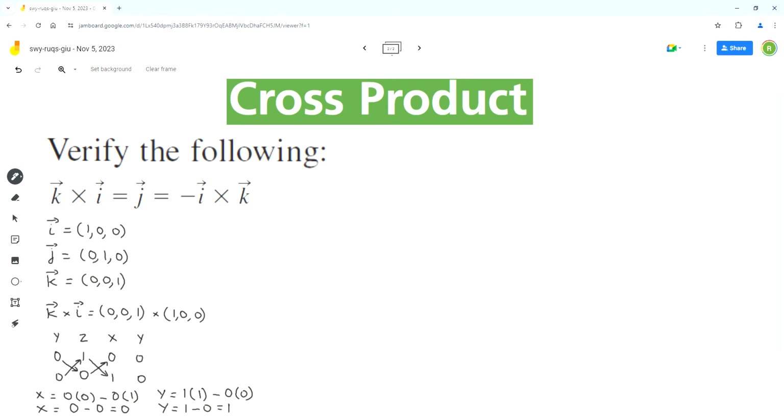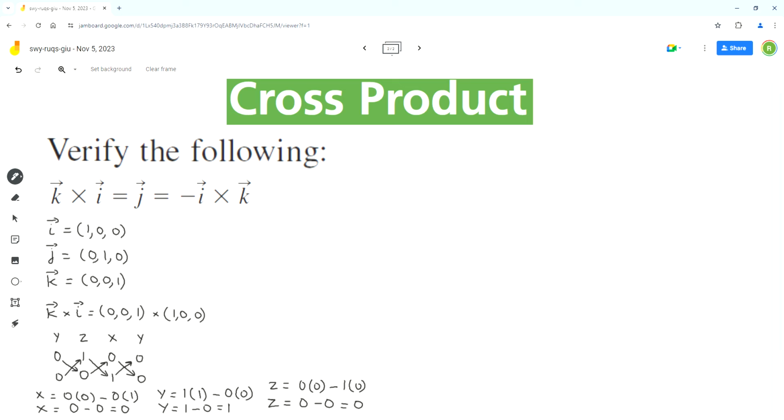Now we can find the z component. So we'll cross multiply the x and y components. So we start with 0 times 0 minus, and next we do 1 times 0. So we get 0 minus 0, which is equal to 0.